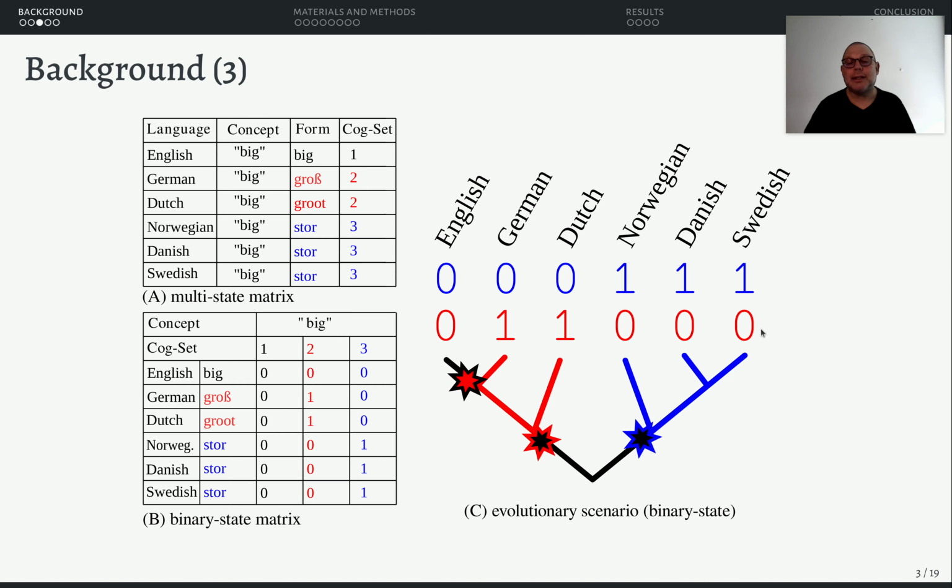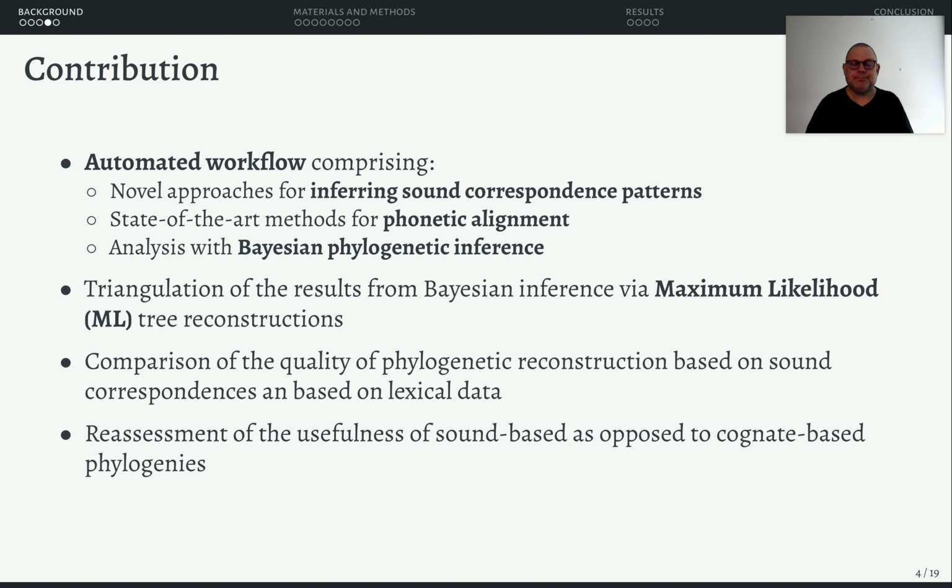For the blue vector, a parsimonious explanation is that we have one gain mutation happening here, for instance. And this is done for each cognate class, and then the tree, simplifying a bit, which best explains the distribution of ones and zeros while making few assumptions about mutations is considered a good tree.